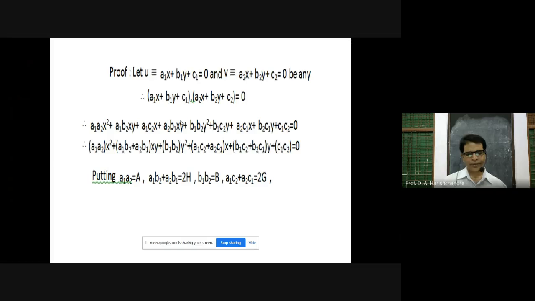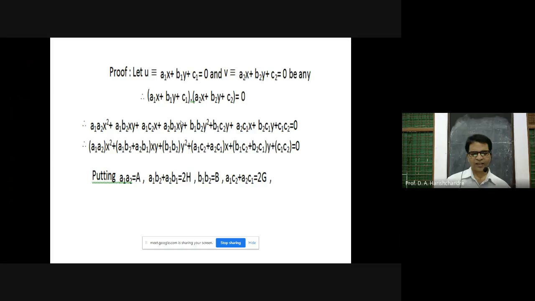If you are taking their product, ultimately you are getting a1 into a2 x square plus a1 into b2 xy plus a1 into c2 x plus b1 into a2, which is the same thing as a2 into b1 xy, plus b1 into b2 y square plus b1 into c2 y plus a2 into c1 x plus b2 into c1 y plus c1 into c2 is equal to 0. Totally you are getting 9 terms on the left hand side of this equation.